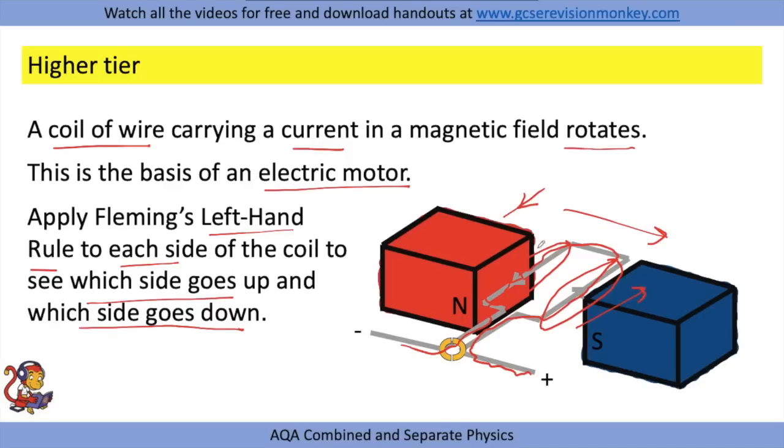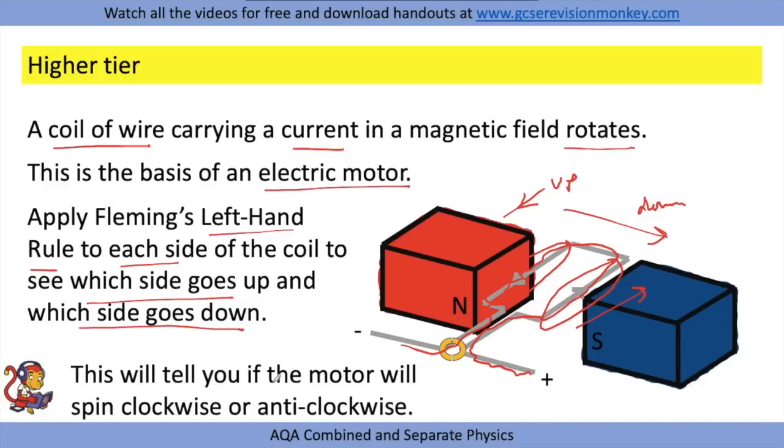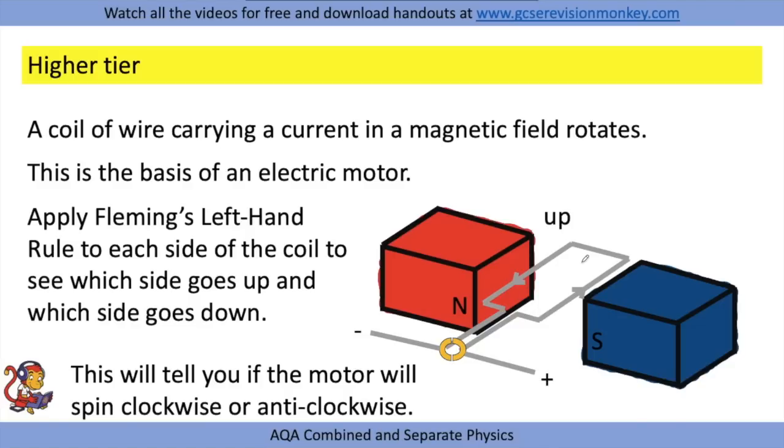So if you apply Fleming's left-hand rule to that, you will see that this side will be going up, and this side will be going down. And this will tell you if the motor spins clockwise or anti-clockwise. So in this case, if this side of the motor goes up, this side goes down, then we must have a clockwise motion on the motor.